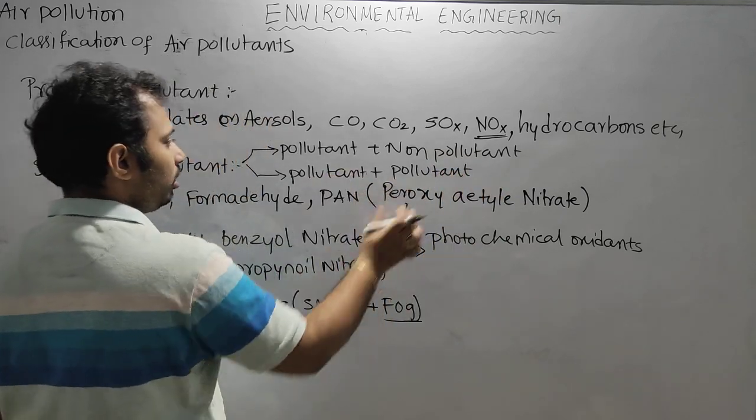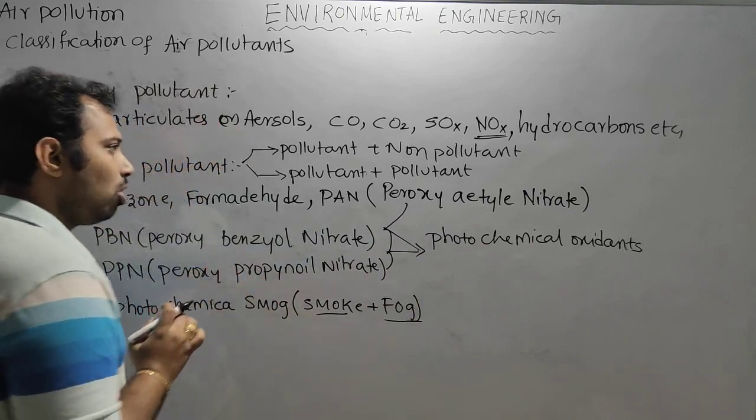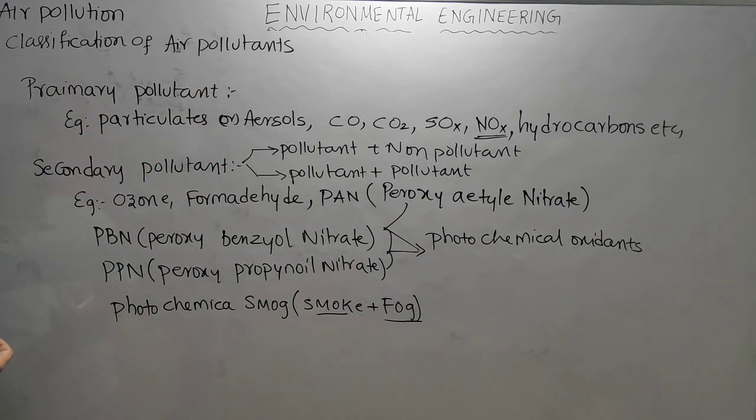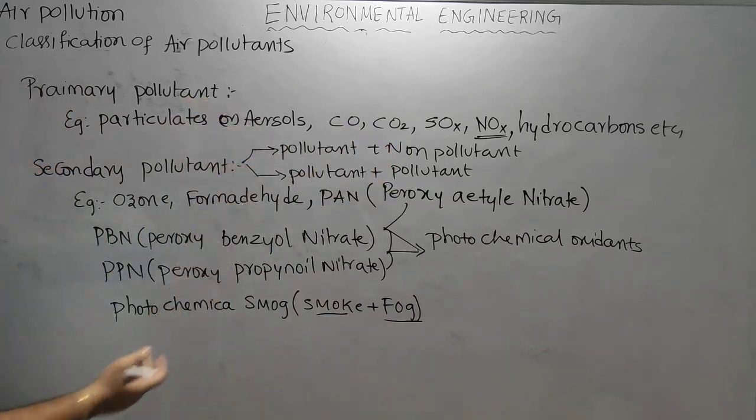Smoke is one pollutant, fog is one pollutant. So smoke plus fog, that is smog, that is again a secondary pollutant. Pollutant and non-pollutant, that is again also a secondary pollutant. So these are all different kinds of secondary pollutants.